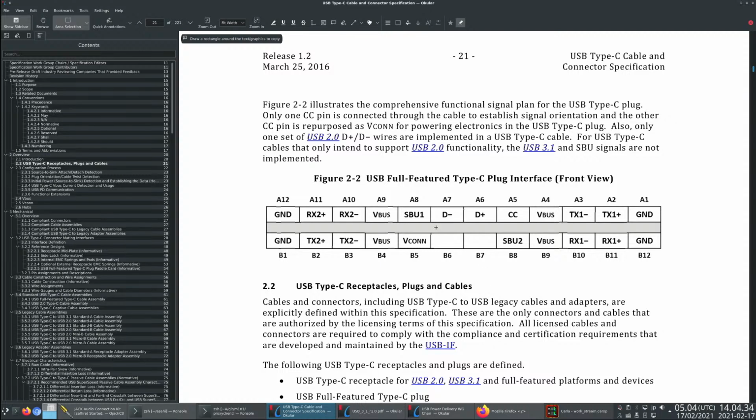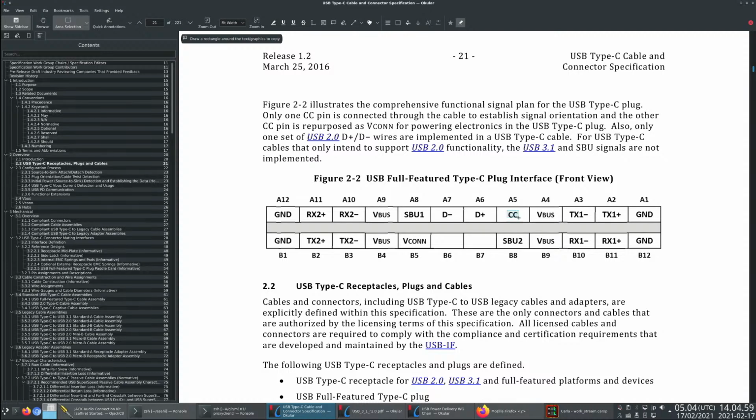And then for fancier cables, where the cable needs to identify itself to either end, this VCONN signal is the power supply for this little chip in the cable for identifying itself, and the chip talks through CC. CC is basically a bus, right?